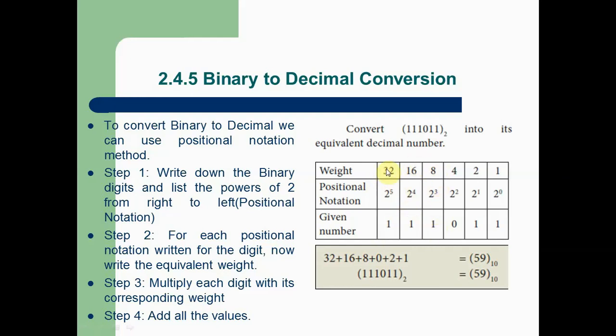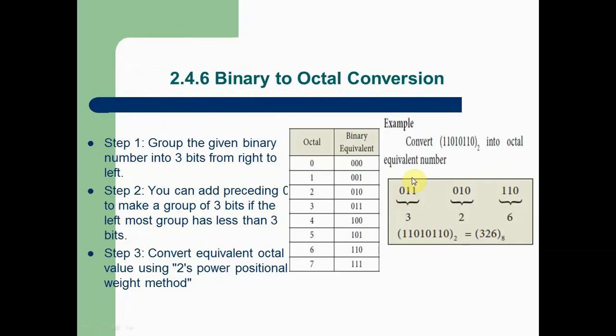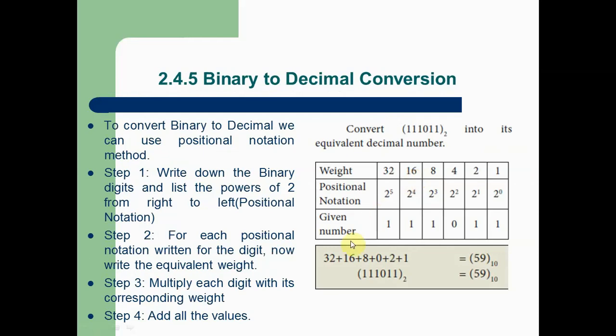Each digit should be multiplied. 32 into 1 is 32, 16 into 1 is 16, 8 into 1 is 8, 4 into 0 is 0, 2 into 1 is 2, 1 into 1 is 1. Each product should be added, and here you can see the result is 59. So 59 is the decimal equivalent for the given binary number.